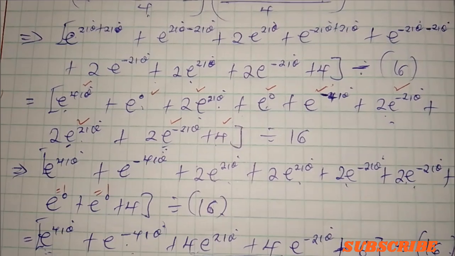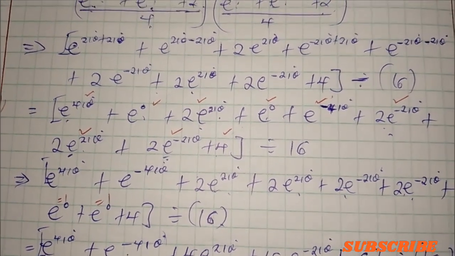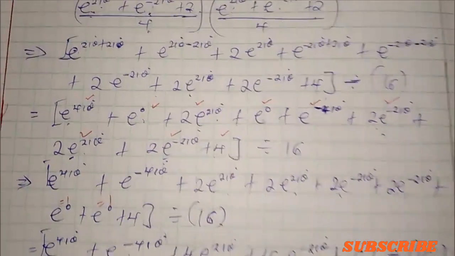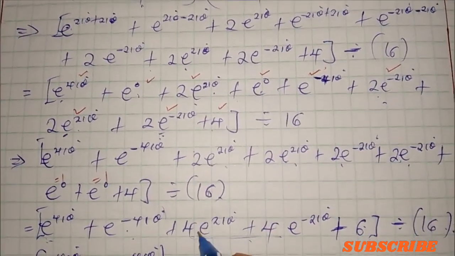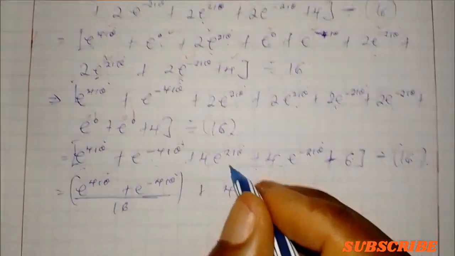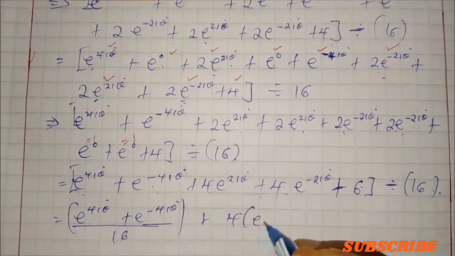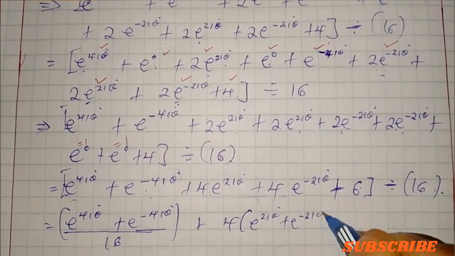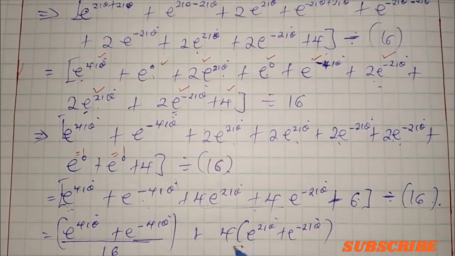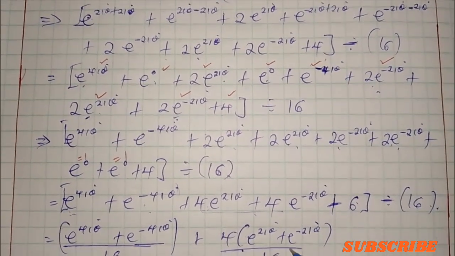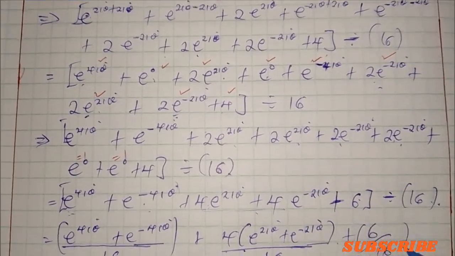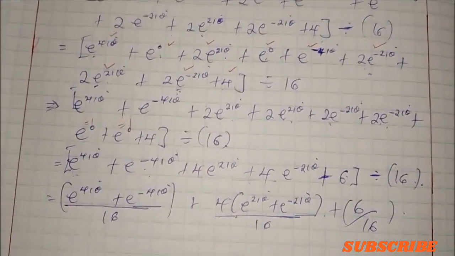Plus 4. In fact, 4 is a common factor here, so we say 4 times e^(2i theta) plus e^(-2i theta) over 16, plus 6 over 16.